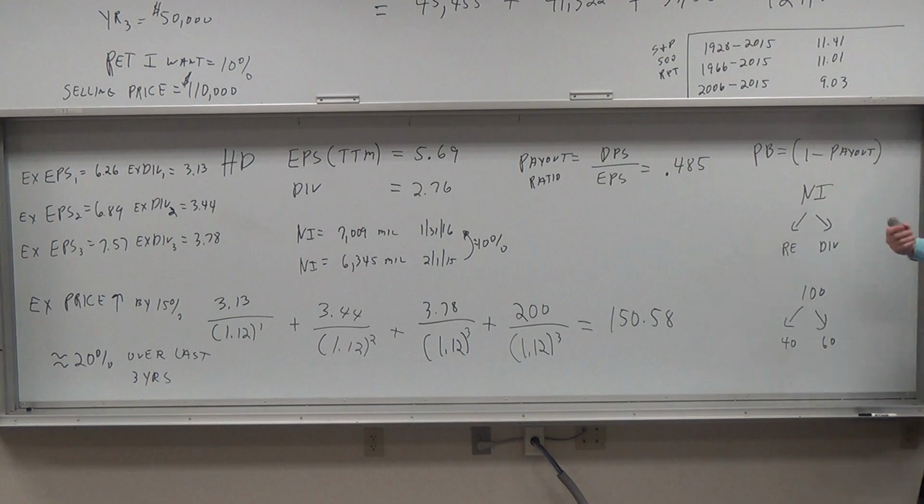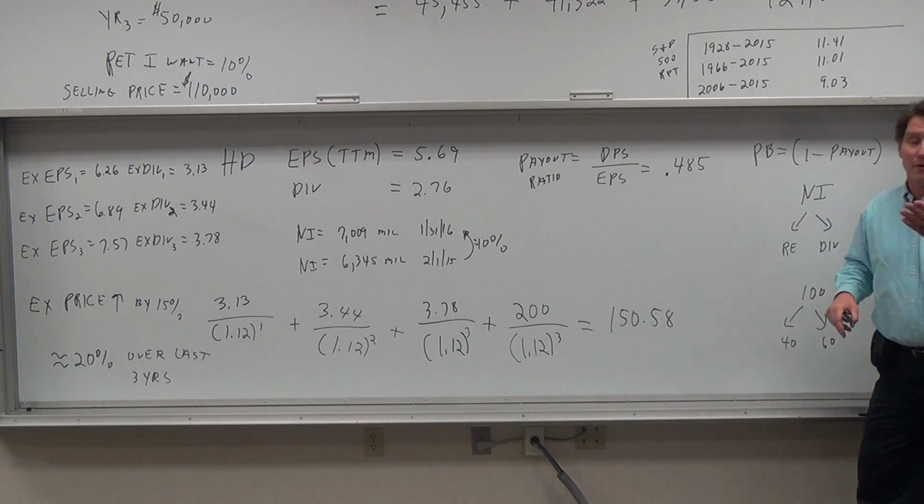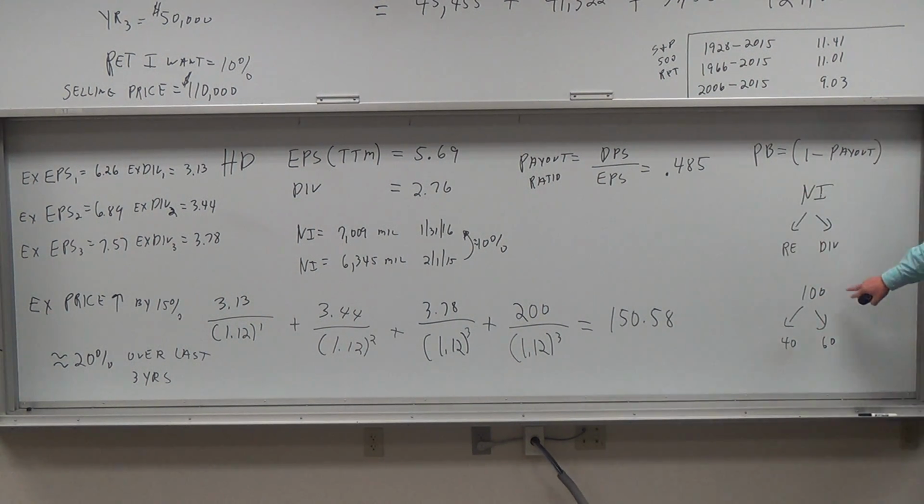So again, the payout ratio is what percentage of earnings we're paying out. The plowback ratio is what percentage of the earnings we're putting back into the business. So for example, if a company has net income of $100 per share and pays out a $60 dividend, by definition, it's putting $40 back into the business.